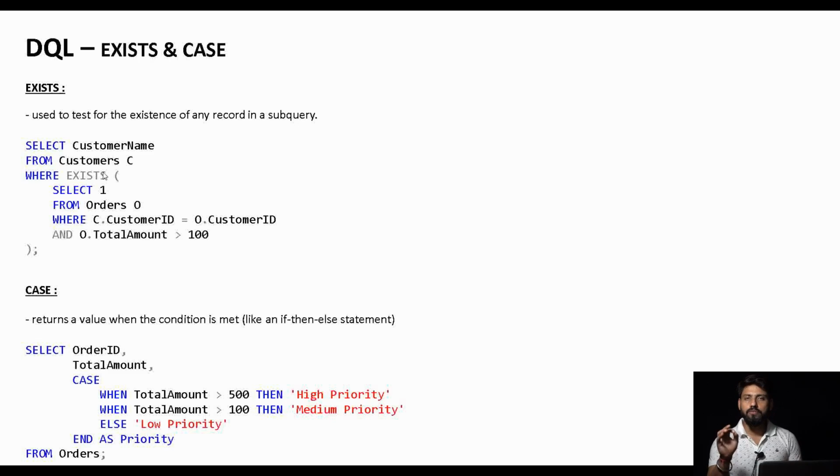But one more confusion comes here: why do we use this, when we could have done it directly, where customer id equals order.customer id, something like a join?